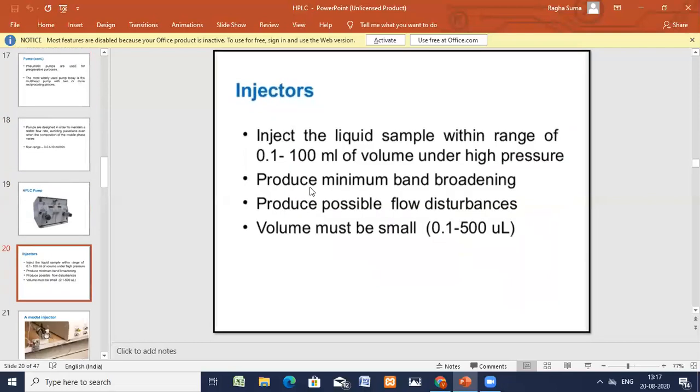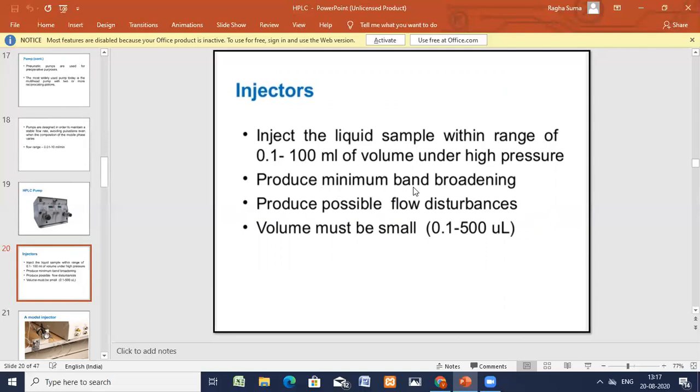Now we'll see the injectors. What the injectors do is inject the liquid sample with a volume in the range of 0.1 to 100 ml under high pressure.